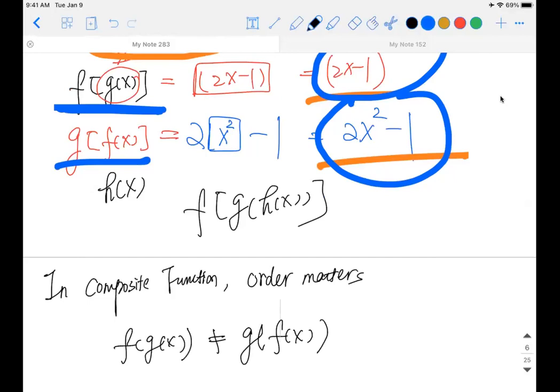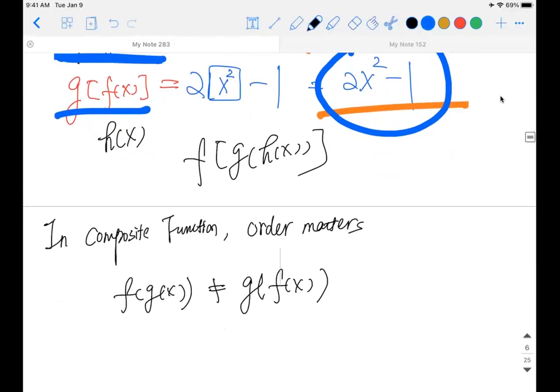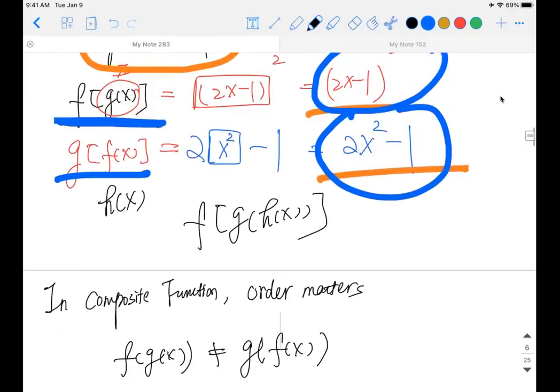Normally speaking, there are some exceptions, but the way you compose, which one is inside and which one is outside, makes a big difference. You cannot confuse the two. Okay, so far, so good? I think this is quite understandable, right? Nothing really tricky.